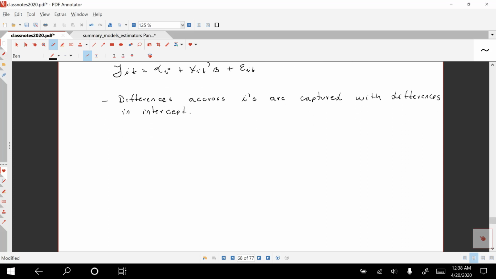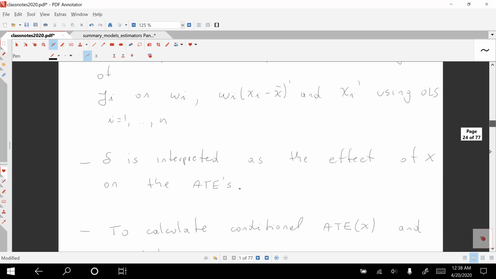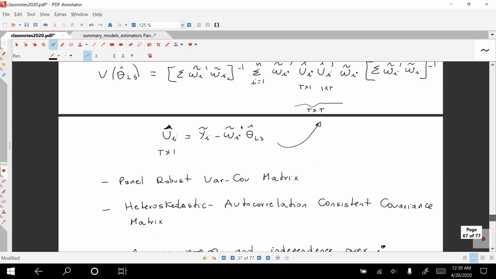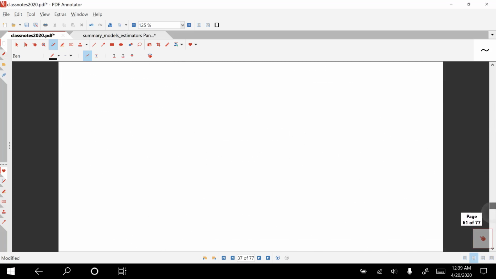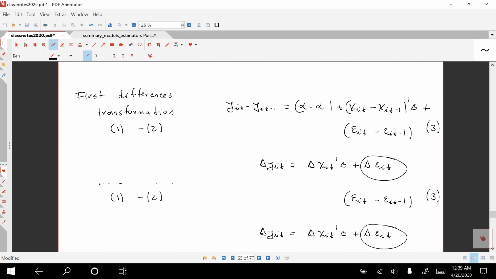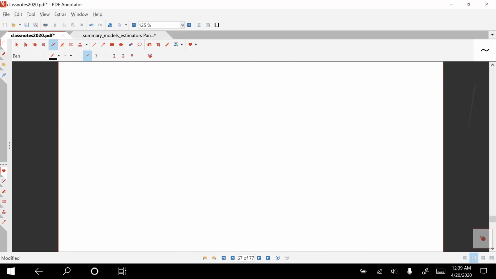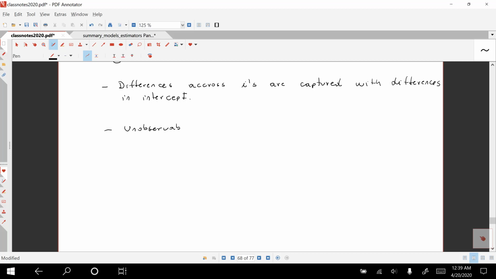And remember the other characteristics of this model. The differences are captured with the intercept, and also the unobservables, and here we refer to time invariant unobservables.